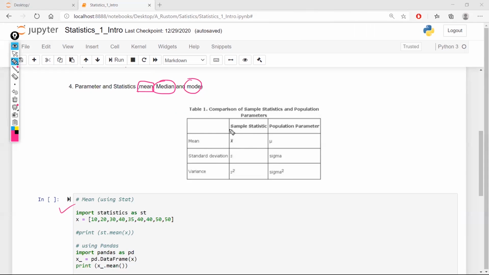We have understood what a sample is, and what a population is. If I take the mean of a sample, how will I represent it? It's basically X bar. And what is the mean, by the way? Let's understand that one, then we'll come back to this, and later we'll do some practical work and see how things work.